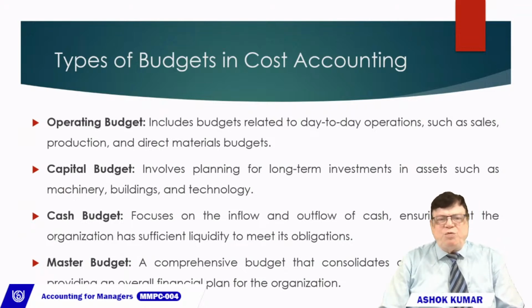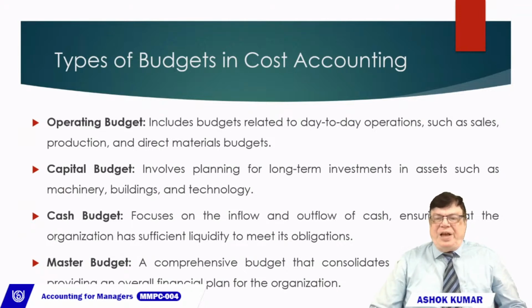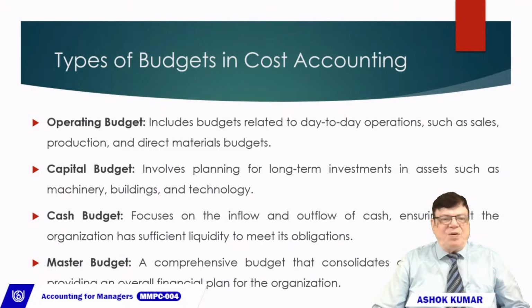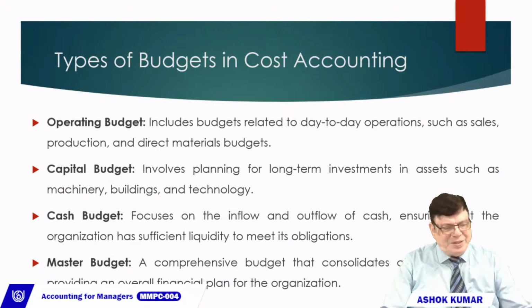The cash budget focuses on the inflow and outflow of cash, ensuring sufficient liquidity to meet its obligations. The master budget is a comprehensive budget that consolidates all other budgets, providing an overall financial plan for the organization.